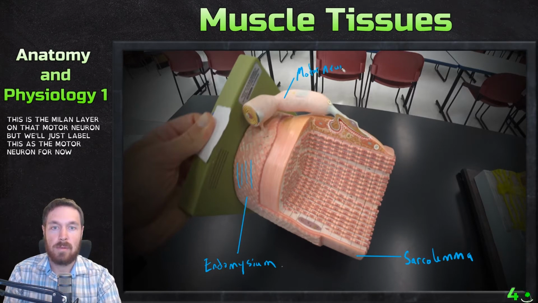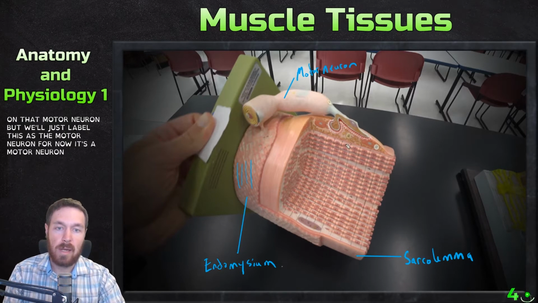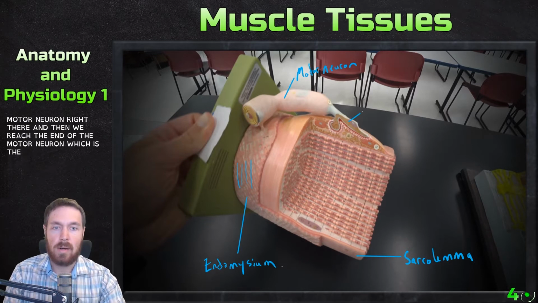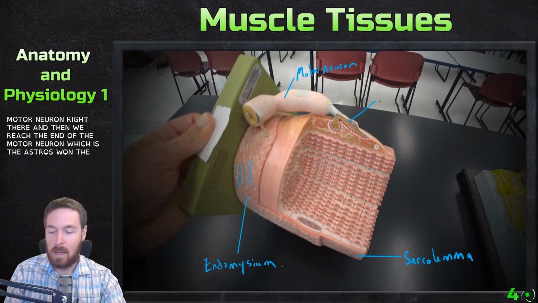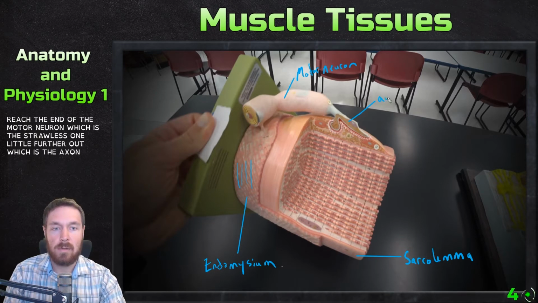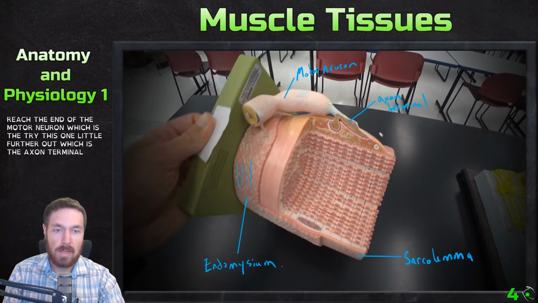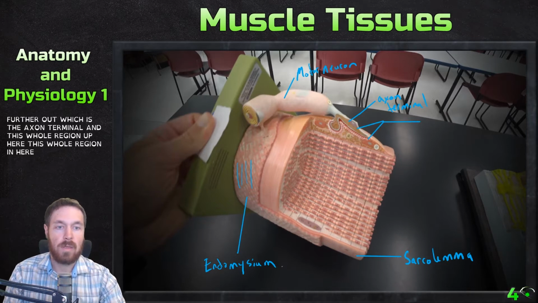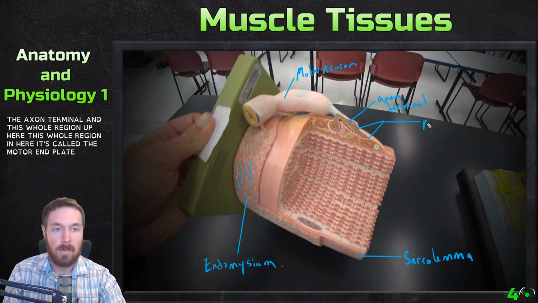So motor neuron right there, and then we reach the end of the motor neuron, which is, let's draw this one a little further out, the axon terminal. And this whole region up here, this whole region in here is called the motor endplate.